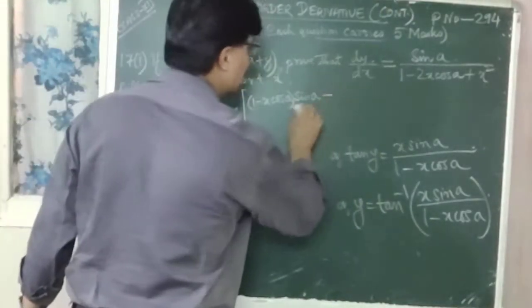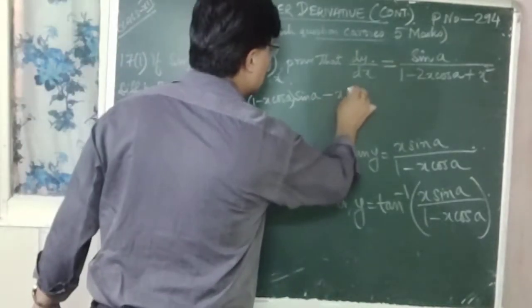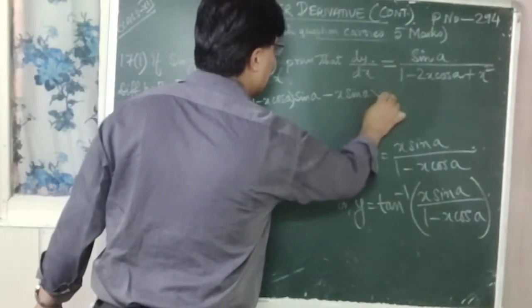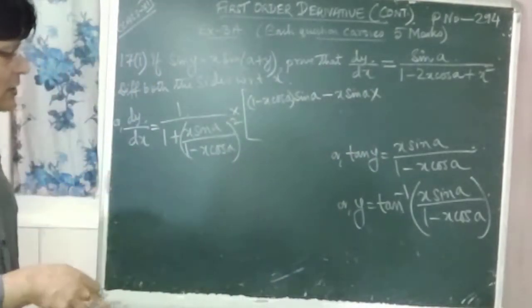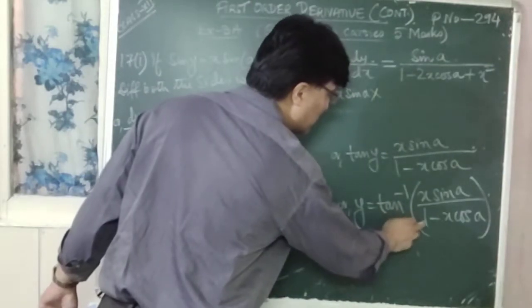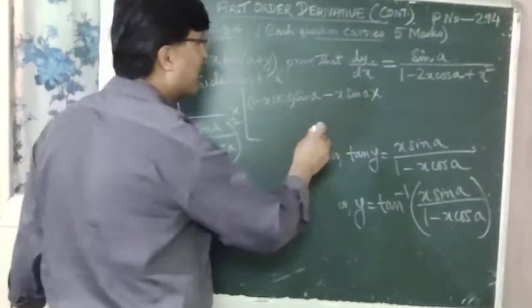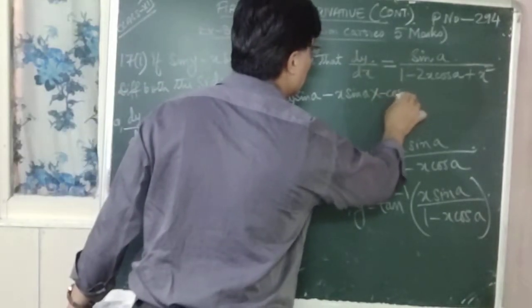Then write down the minus sign. Now keep the numerator as it is, that is x sin a, into, now differentiate the denominator. What is the differentiation of this denominator? For 1 it is 0, and minus x cos a is minus cos a only.